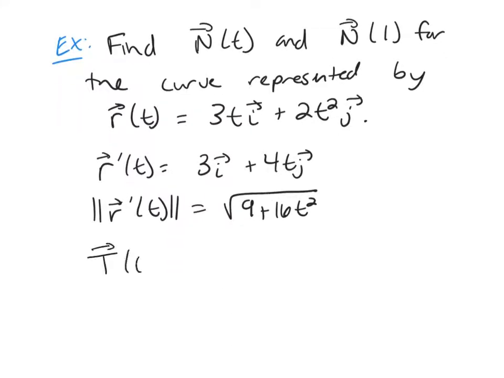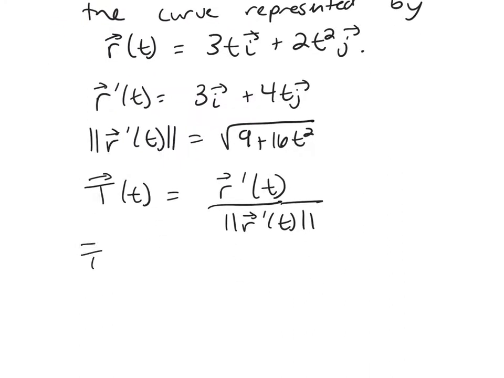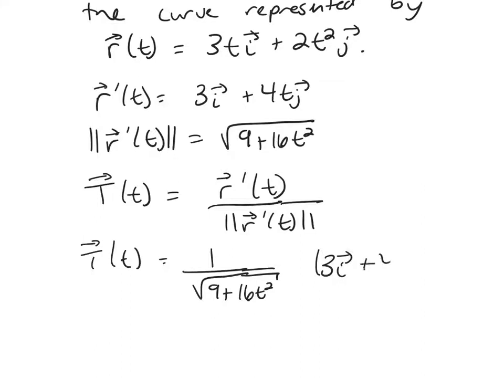So the unit tangent vector T, remember, it's r prime over the magnitude of r prime. So T will be 1 over the square root of 9 plus 16t squared times the vector 3i plus 4t j.